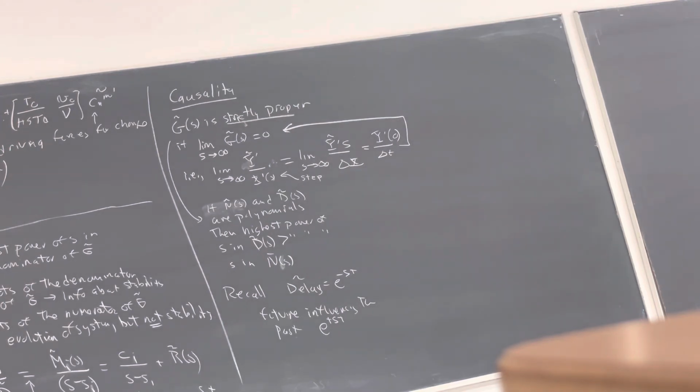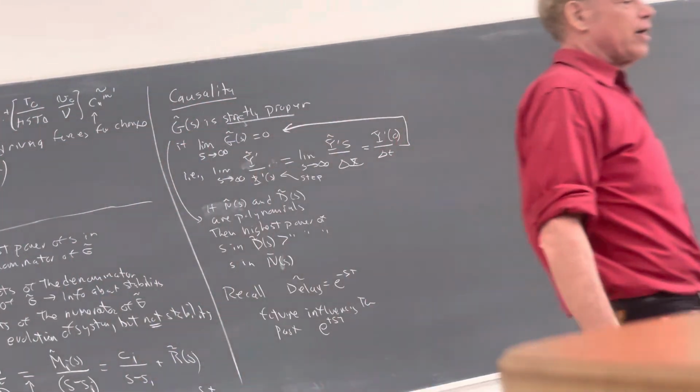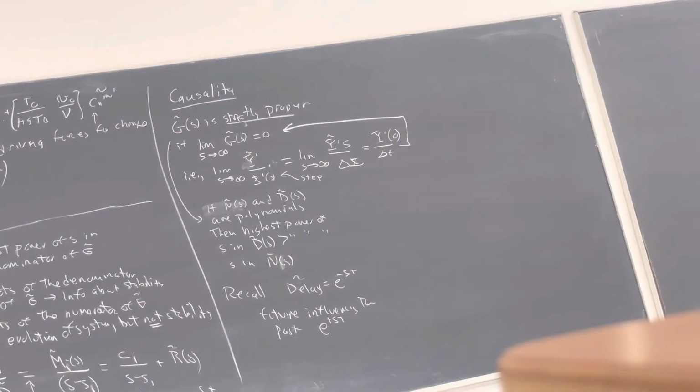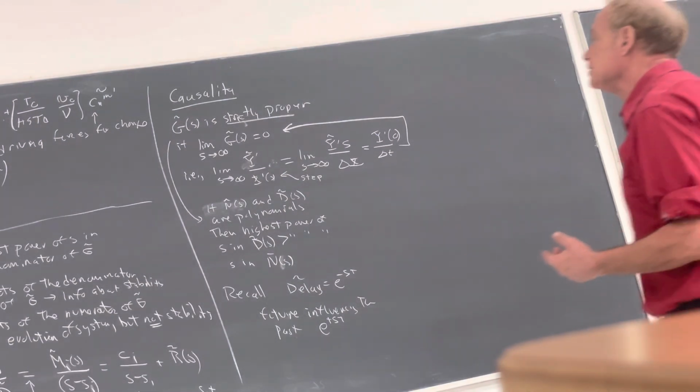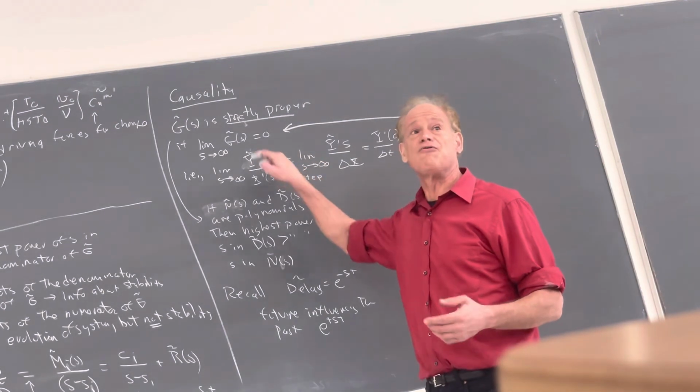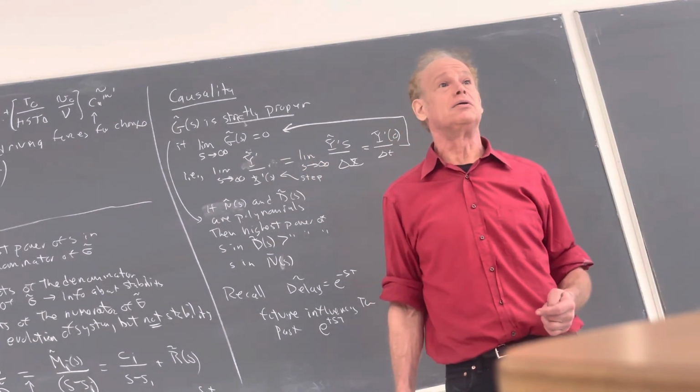Is that clear? The future can't influence the past. The past can influence the present and the future, but not the other way around. Do you have any questions on that? Again, the notion of causality makes a lot of sense, and we just want to see what that notion tells us about G tilde, forms of G tilde that are allowable.